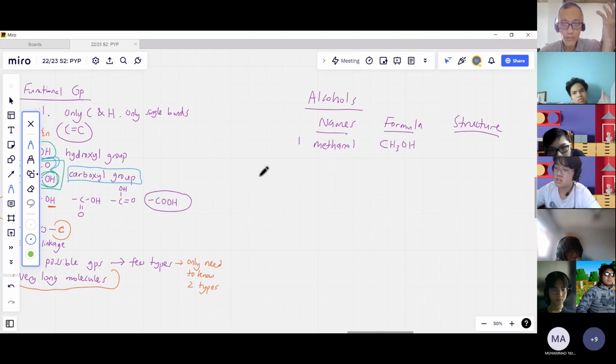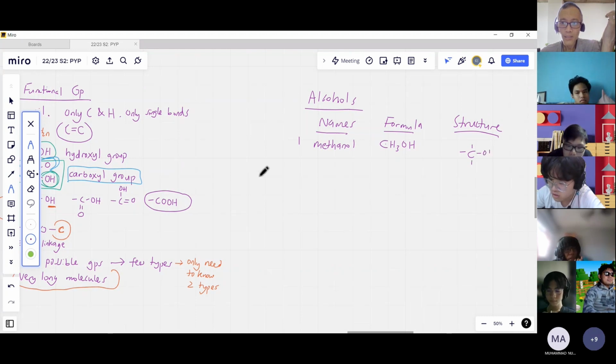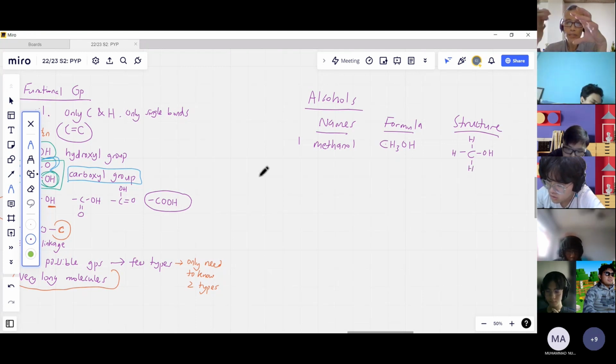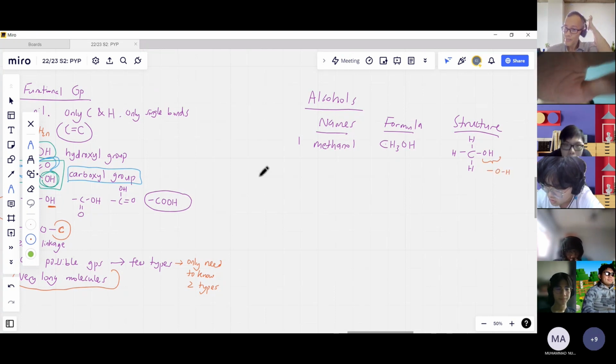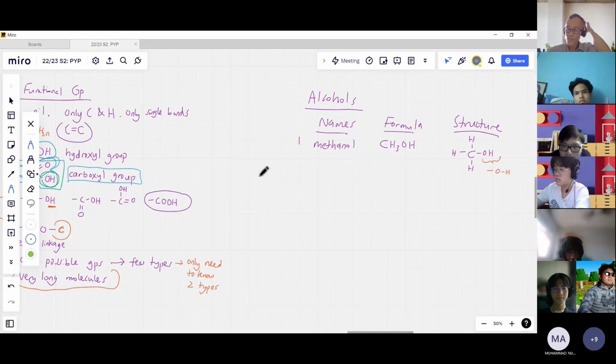Okay, by the way, everyone is supposed to be able to do all this. Yes, you're supposed to draw the structure too. Now, as I said before, the group OH is typically linked together. Even though you're supposed to realize that obviously it is something like this. Okay, but most of the time you can draw this as OH together.